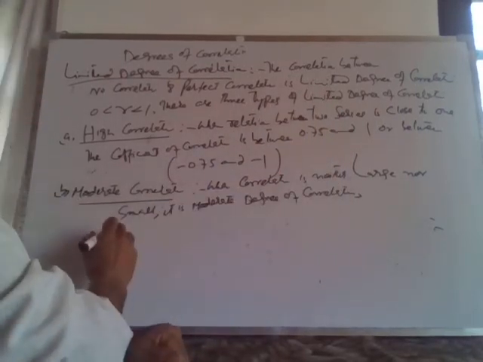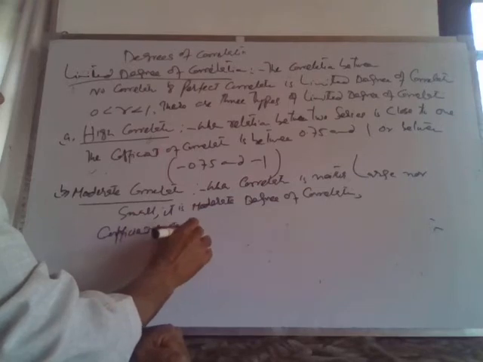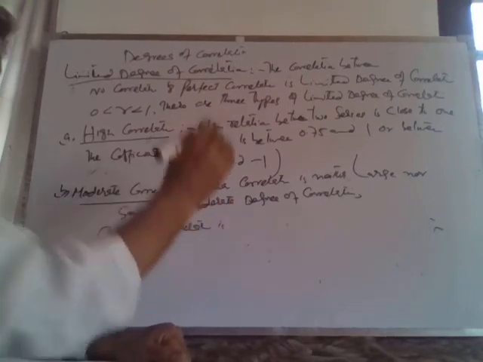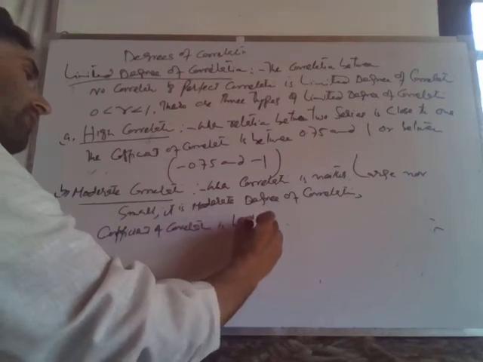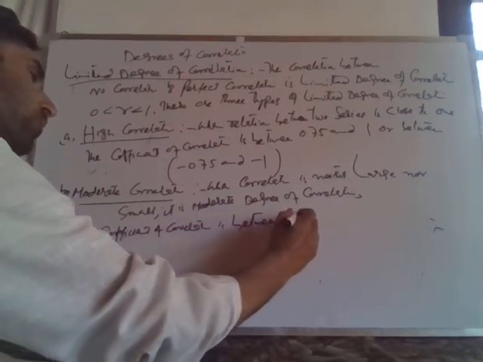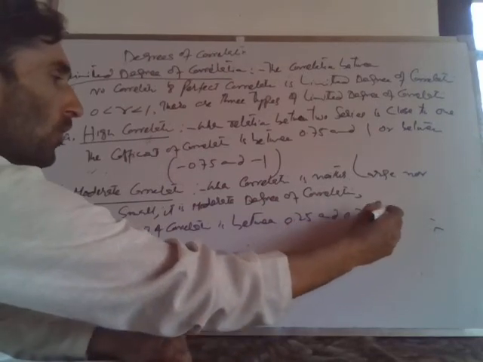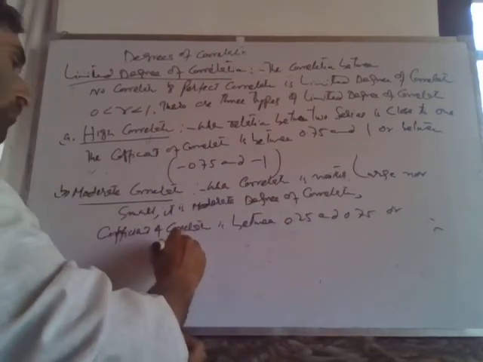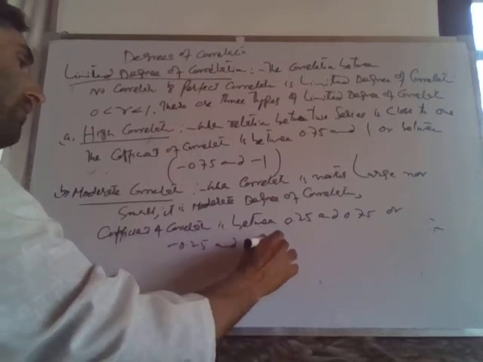कोफिशिएंट क्या होता है इस वक्त? The coefficient of correlation is between 0.25 and 0.75, or minus 0.25 and minus 0.75.